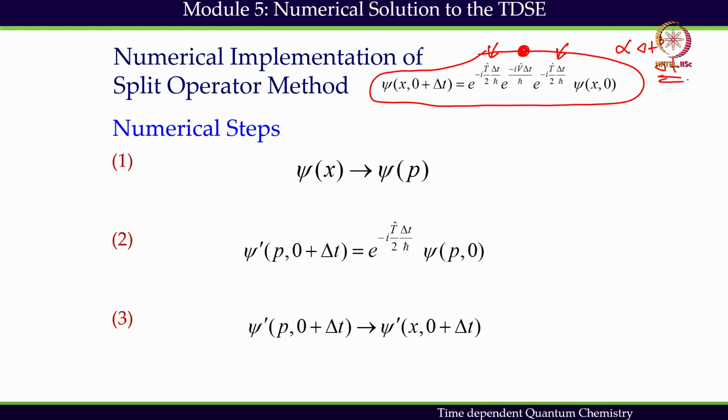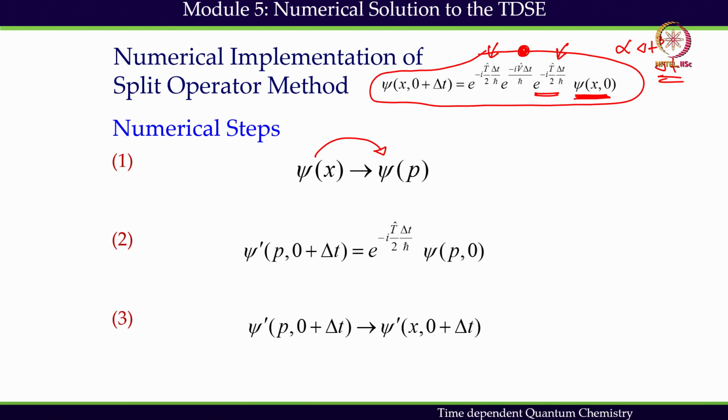So the first cycle of this numerical step would be, as you can see, that this operator has to act on this wave function first. So the first step is that the wave function has to be converted to the momentum space. Okay.